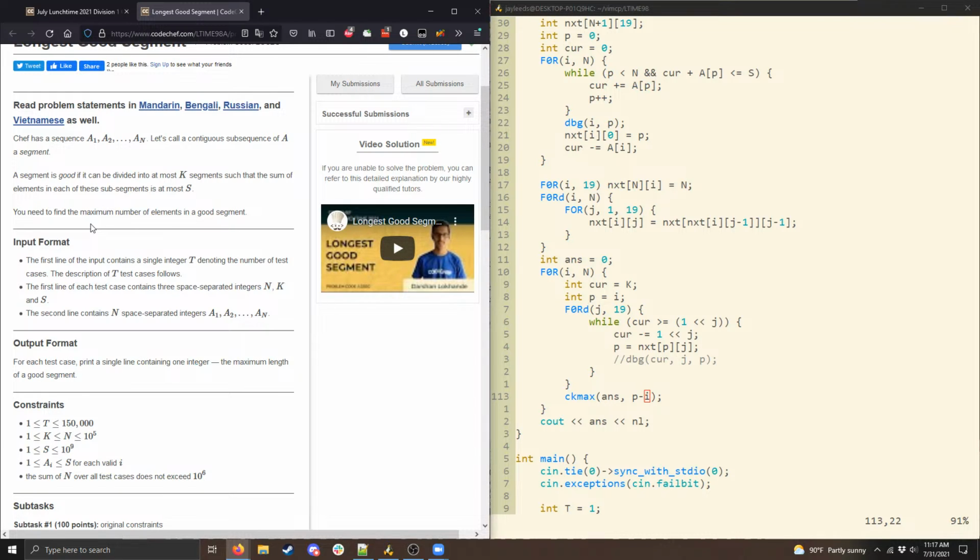I think there are two ways I can visualize this. I could think about it as we're just going to binary search on the number of elements, and we just need to check if any array of this number of elements is good by this definition. But in that case, I'm not sure how you'd write a checker in a complexity better than O of n squared.